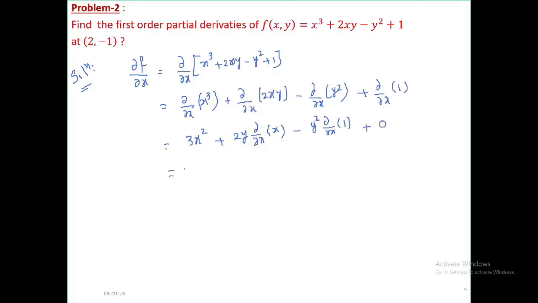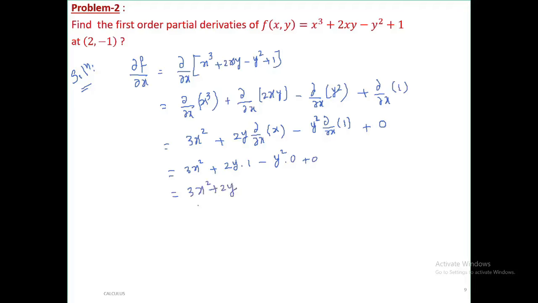Now this is 3x², plus 2y into 1, since ∂/∂x of x is 1, minus y² into ∂/∂x of 1 is 0. That's why 0 into y² is 0 I am getting. So finally you will get 3x² + 2y. That's it. So this is the partial derivative with respect to x.